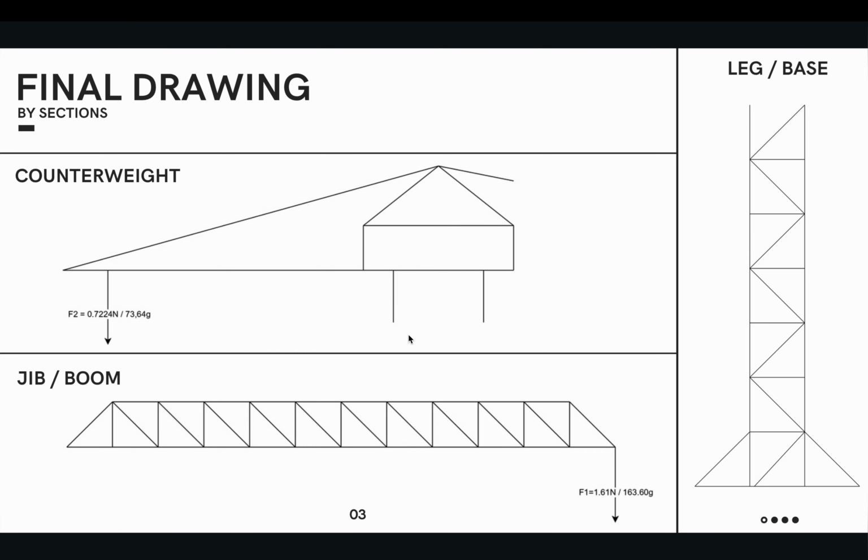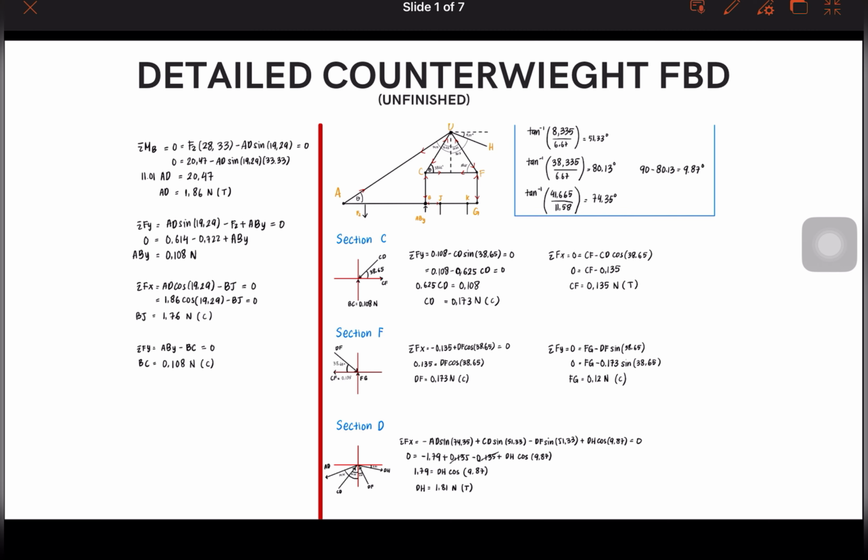Now we use method of joints to find this and this section. Since the jib is over here, we can calculate and find all the truss members, whether they are in compression or tension. Okay, now we have reached the detailed part of the FBD analysis.